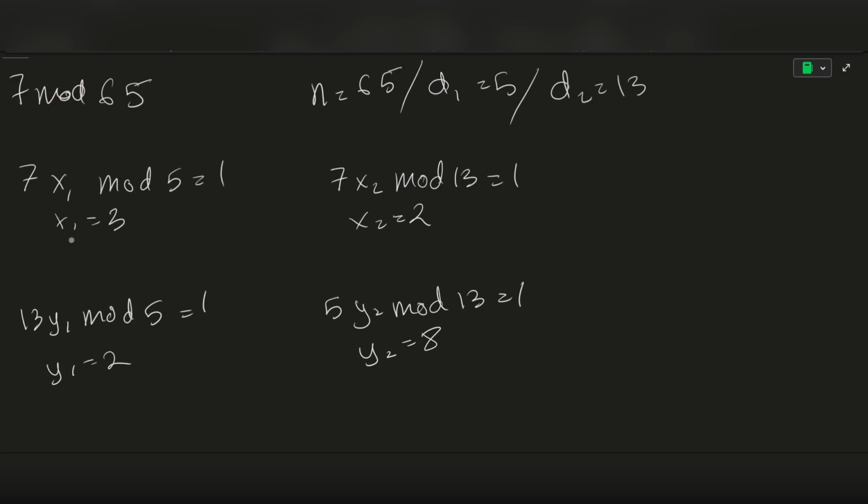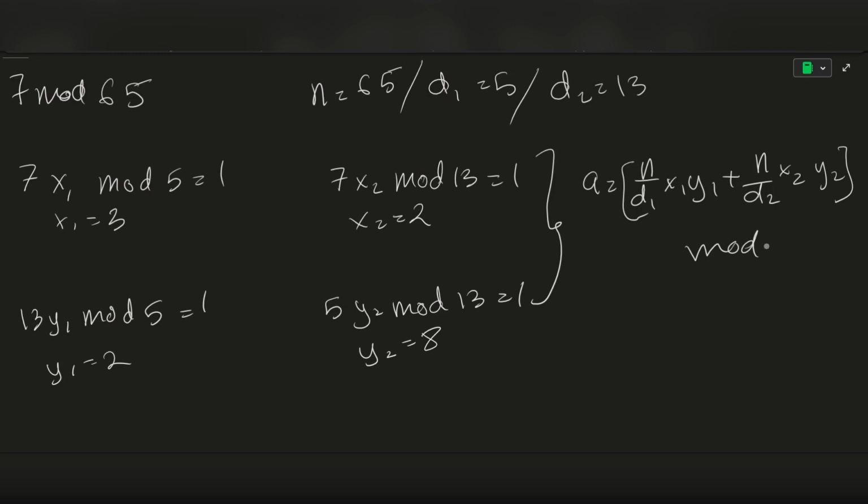So we have these four. We have all the variables that we need. Now, from all this, we have the equation, which is basically a is equal to n over d1 times x1 times y1 plus n over d2 times x2 times y2. All this is mod 65, which is basically the same as saying mod n, which is mod 65. So let's input all our numbers into here.